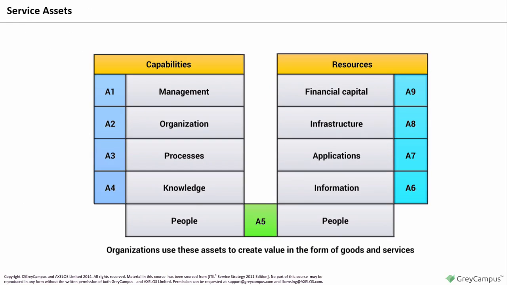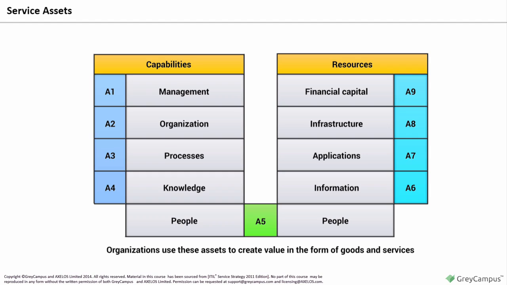Service assets. Capabilities and resources combined together build the service assets. Organisations use these assets to create value in the form of goods and services. In the figure, A5 is common. Why? People can be resources or can be capabilities based on their skills, experiences, expertise and so on.